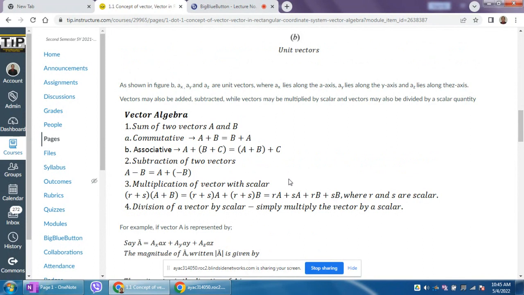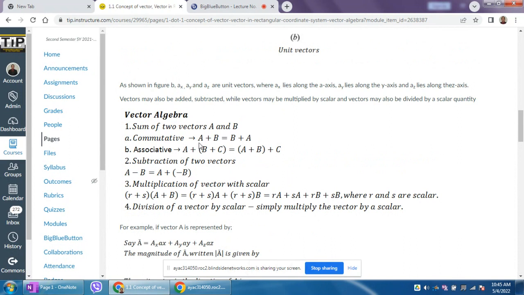So vectors may be added, subtracted, while vectors may be multiplied by a scalar, and vectors may also be divided by a scalar quantity. So ito na po yung vector algebra natin. So pwede po natin i-combine yung vectors, so we can add. So, commutative po siya. Pwedeng pagbaliktarin ng posisyon, pag-addition.